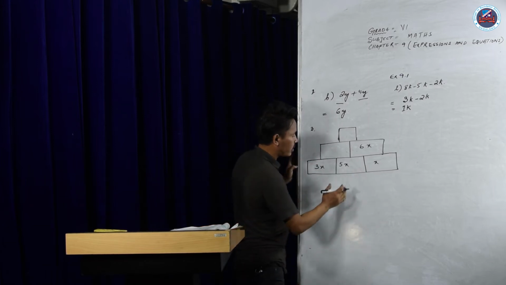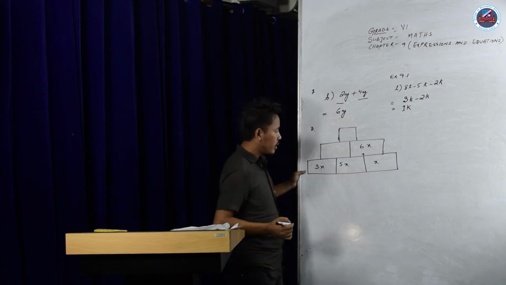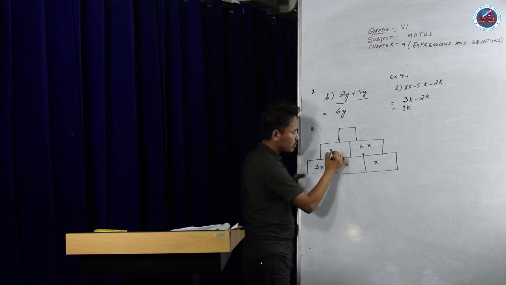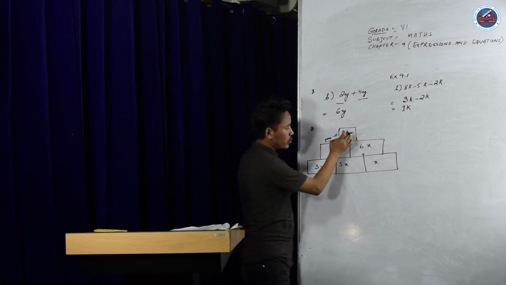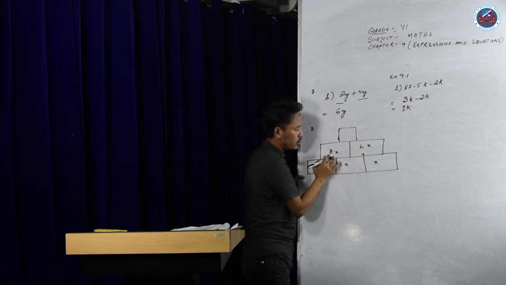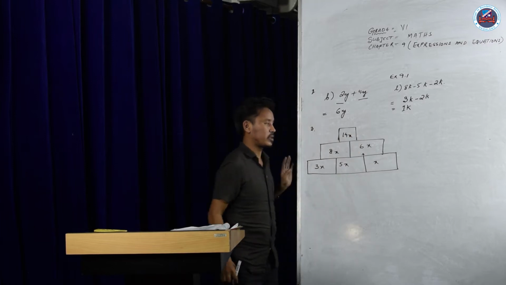As you can see here, 5x plus 2x gives us 6x. In the same manner, 3x plus 5x will give us 8x. Clear? So this is the pyramid block, and then there are two blocks beneath. That means the answer will be 8x and 6x, that is 14x. That's your answer.